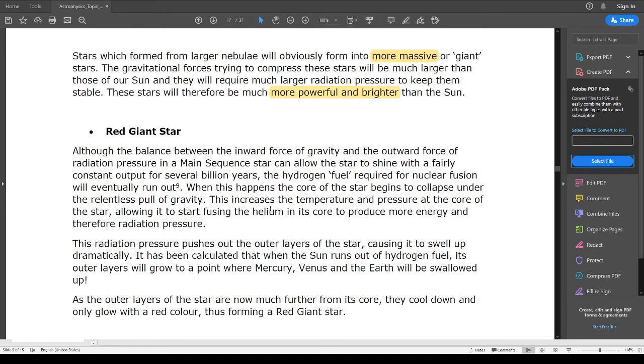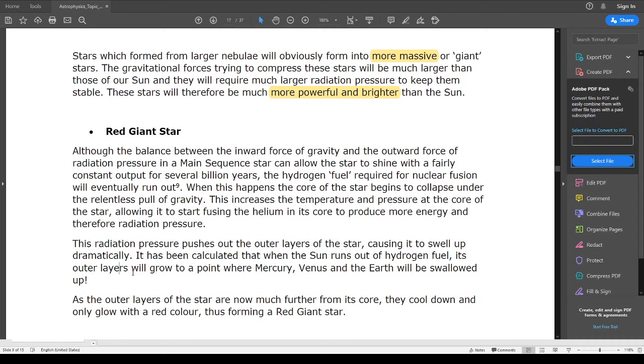Okay, so what will happen? This radiation pressure pushes the outer layers of the star, causing it to swell up dramatically. Suddenly helium fusion occurs, and now the radiation pressure is so high it's actually higher than gravity. Up until now, gravity was higher than radiation pressure because the fusion reaction was slowing down as hydrogen was running out, and so the star started to collapse.